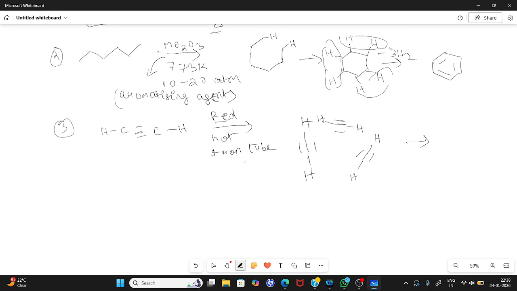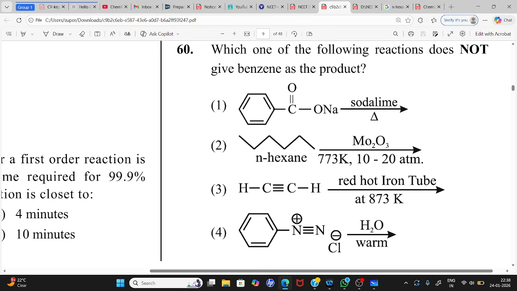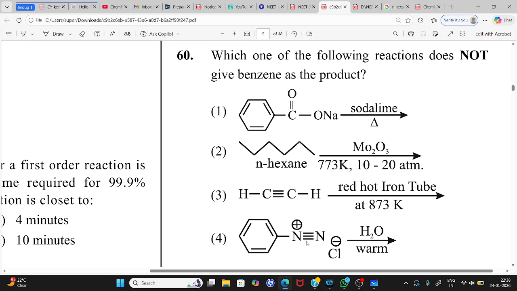So in presence of these conditions, these three alkyne units come closer to each other and they start cyclizing amongst each other. Each alkyne had three bonds in total. One of these bonds is used in forming a cyclic bond. So now you are left with two bonds on each of the alkyne. So ultimately you get a cyclic product with three double bonds. So both 1, 2 and 3 are giving us benzene. So the obvious answer is 4, but still we'll look at how the last one gives us the product.